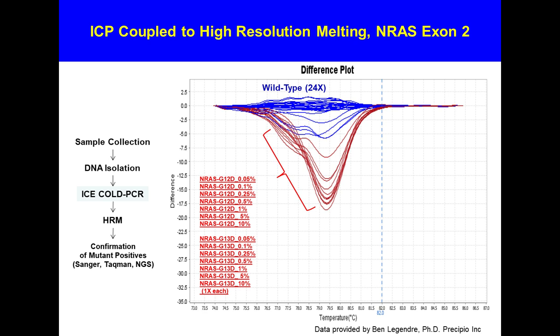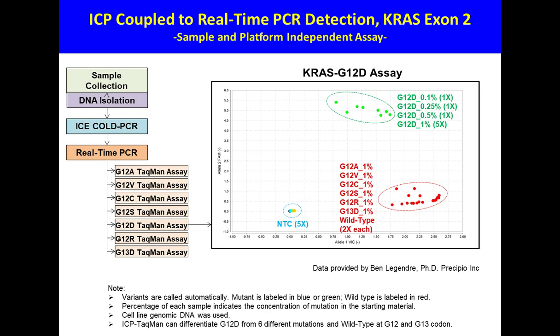Now, if it is shown by HRM that there is a mutation, how do you find the mutation? You can either perform sequencing or, like we demonstrate here, you can perform a second PCR, a nested PCR, for each individual mutation by applying a standard TaqMan real-time PCR.